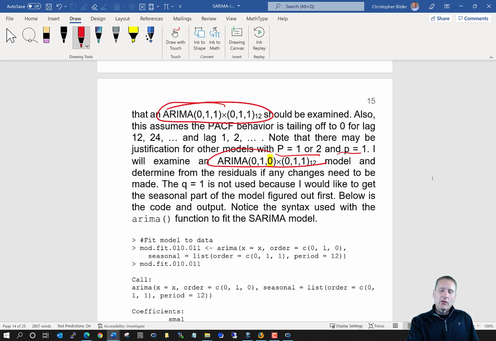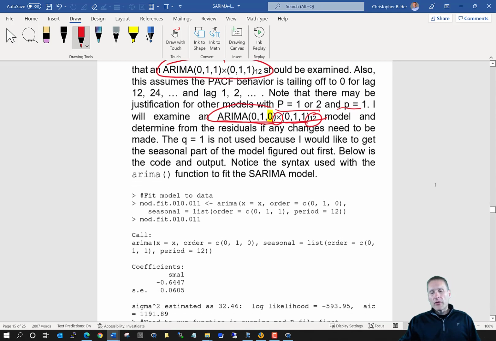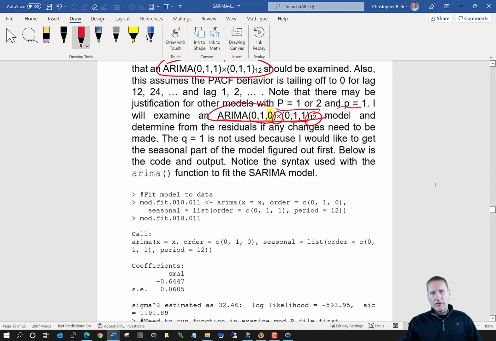So suppose we look at this particular model here, ARIMA (0,1,0) by (0,1,1) season 12. What this is acknowledging is that I need the non-seasonal MA term, but maybe I wasn't as sure about the seasonal MA term. Okay. And also, one reason why I'm approaching the modeling this way is, as I've mentioned before, sorry to repeat myself, but sometimes when you are teaching, it is very helpful to repeat oneself just to make sure the students get the point.